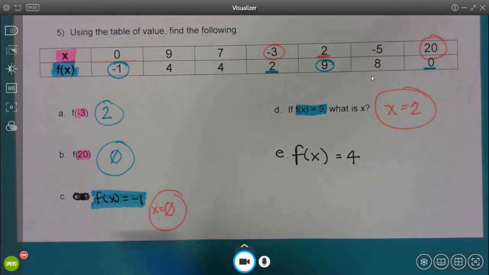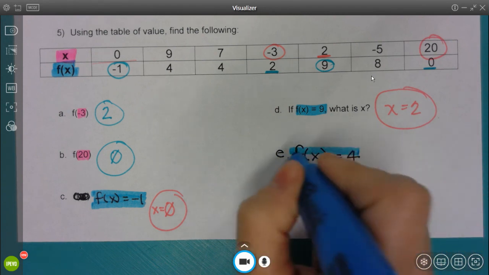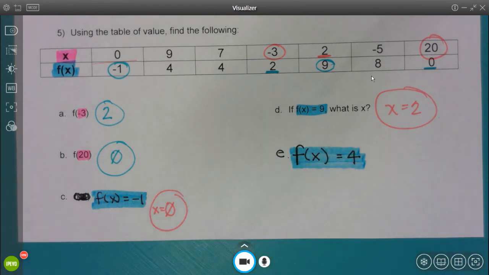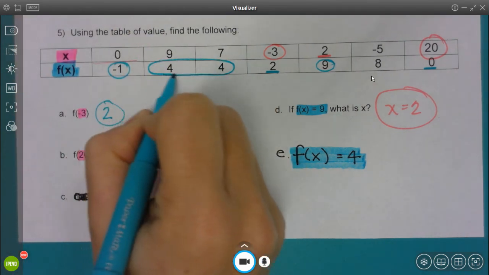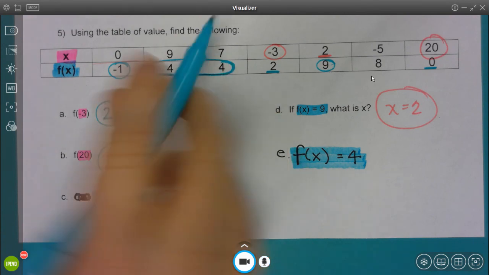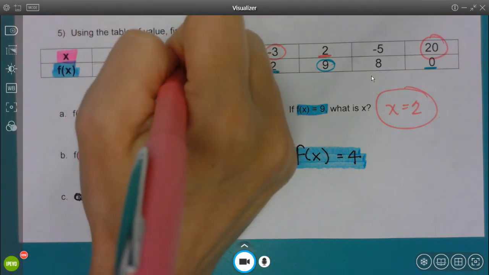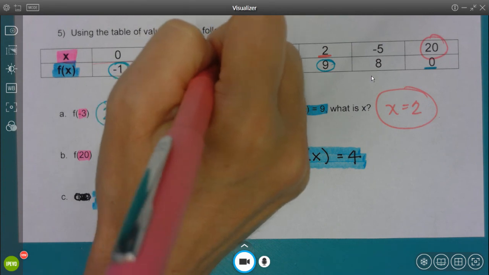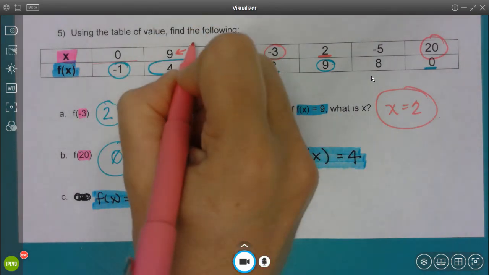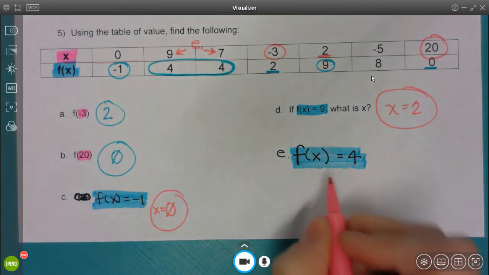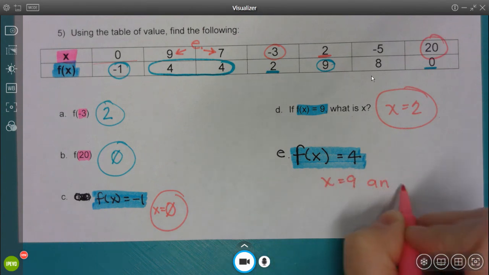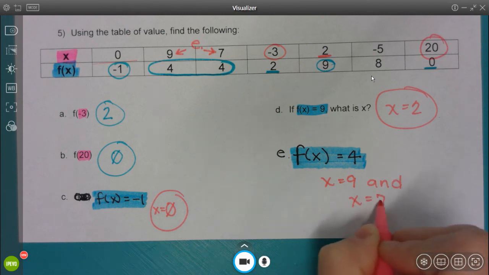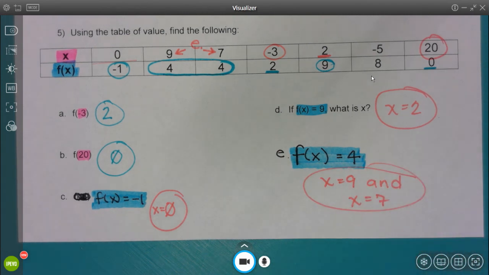This is an output again. So I need to go along my output. But there are 2 different spots where my output value is 4. So I need both of these answers for part E. So I would say that x was equal to 9 and that x is equal to 7. So both of those will be answers.